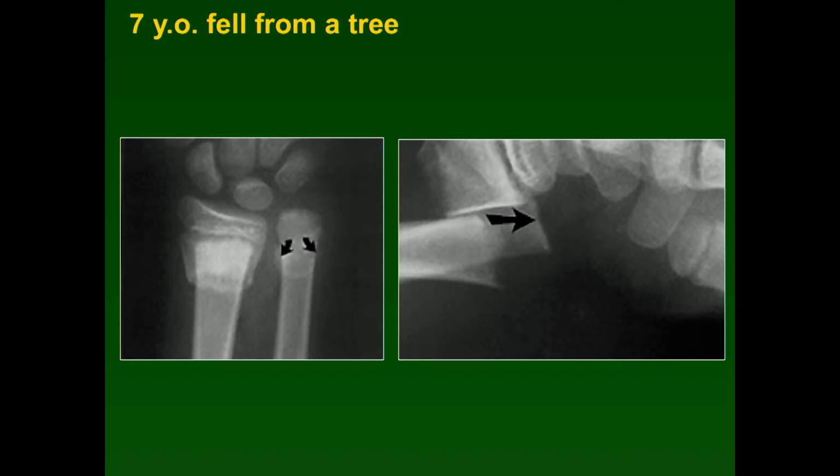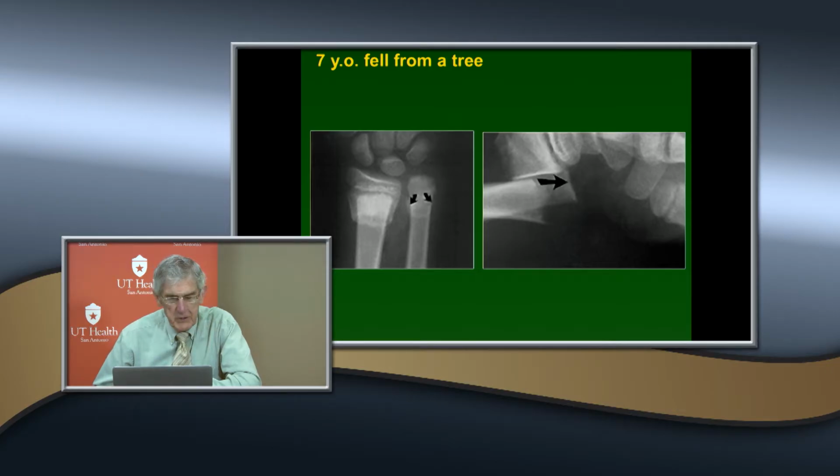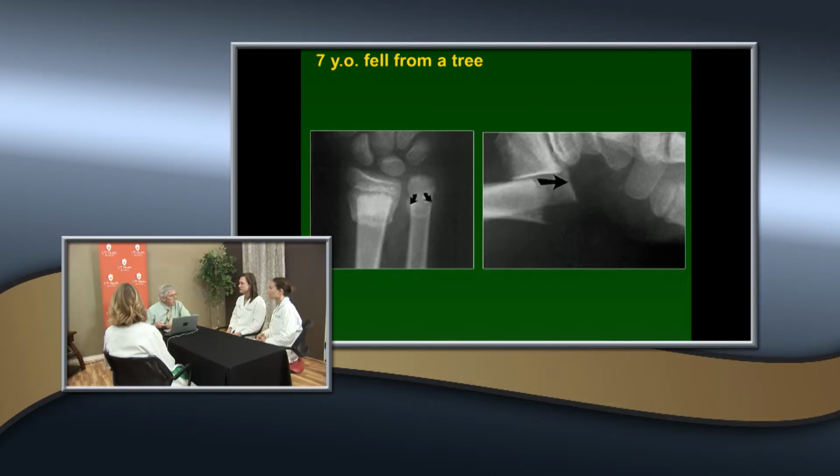Now, this patient fell out of a tree, and you call me from the emergency room. How are you going to describe this patient's fractures? You've got arrows there, so you pointed. The arrow won't be on the x-ray, I can assure you. Go ahead. A fracture of the distal radius. Well, is it metaphyseal or physeal?